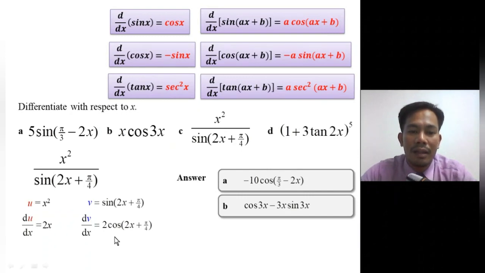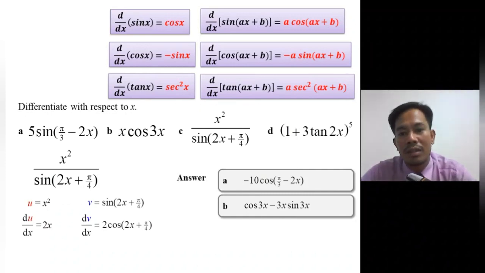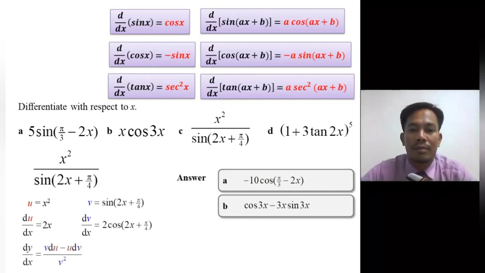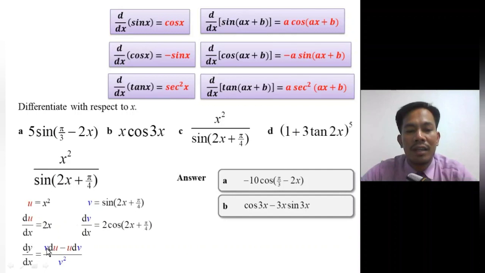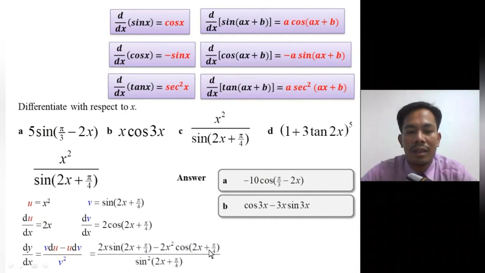Next, of course, since it's the quotient rule, it's v du minus u dv over v squared. Plug in v, plug in du. So you just plug in everything and you will get this. If you can simplify this using your algebra, then try to simplify.